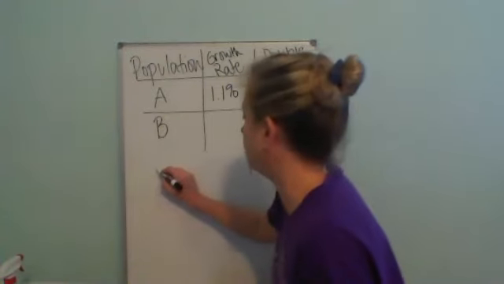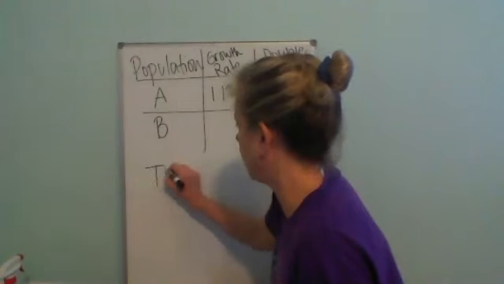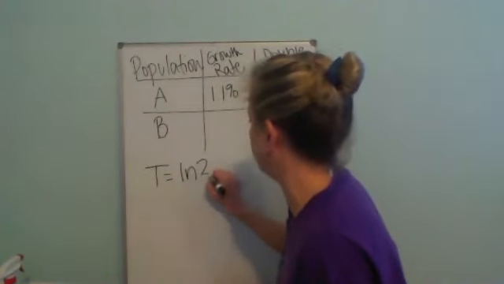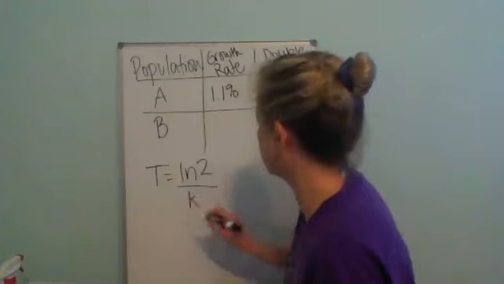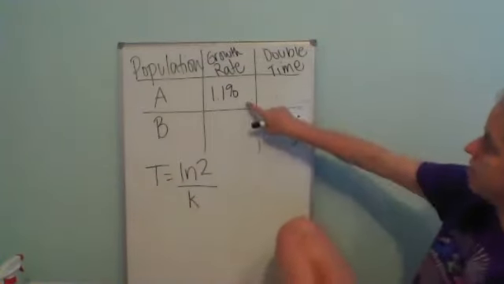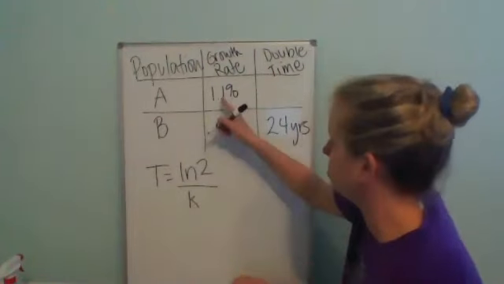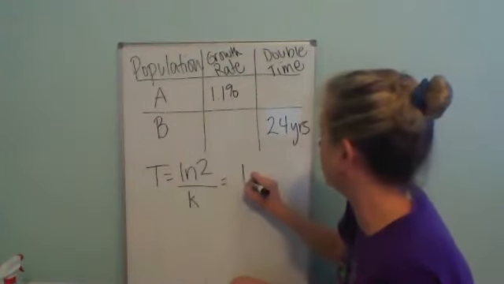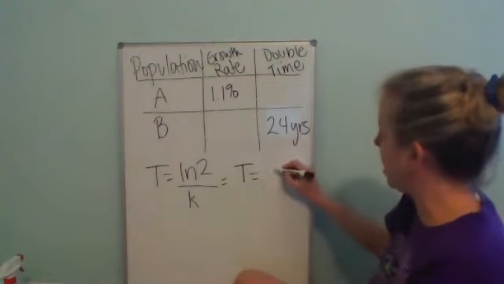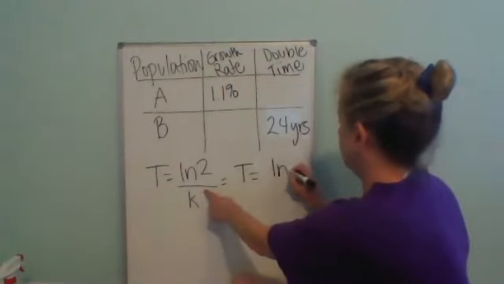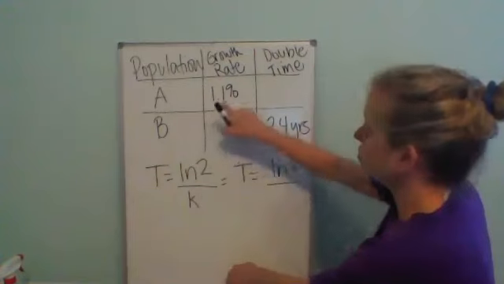So remember, doubling time is ln2 over the rate. So let's see. I'll be able to figure out doubling time by knowing that rate for country A. So let's see. The doubling time for country A will be ln2 over the rate.